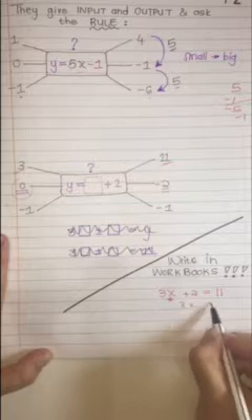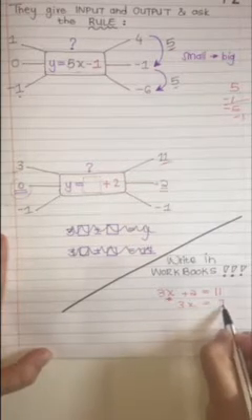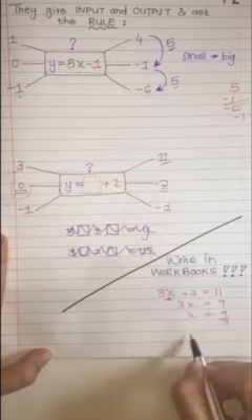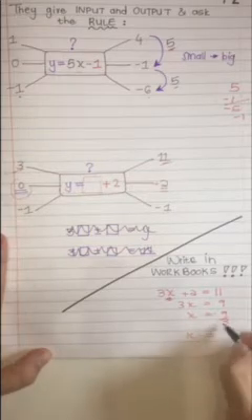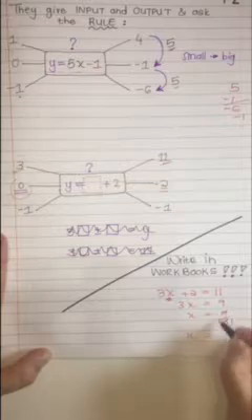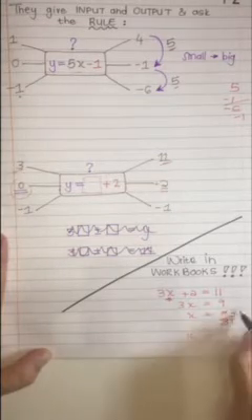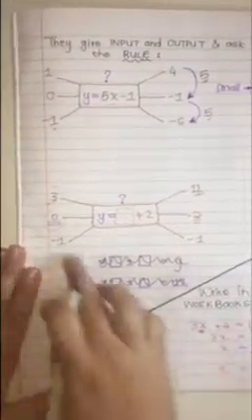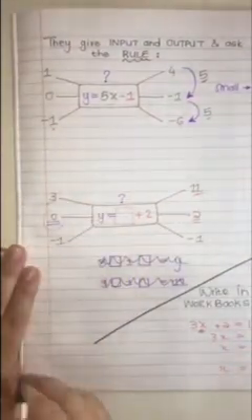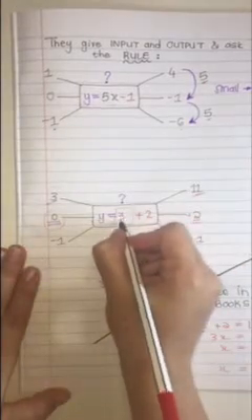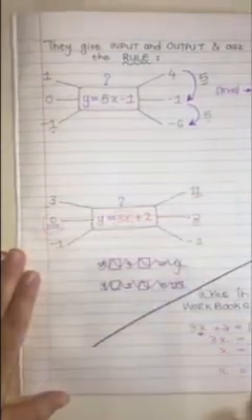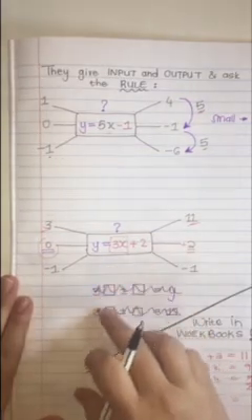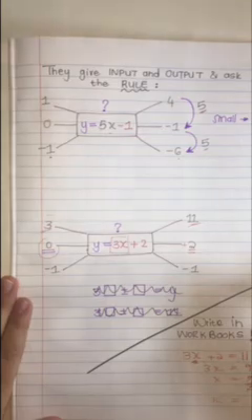So 3x equals 11 minus 2, which is 9. x equals 9 divided by 3, that goes into 9 3 times. So x will be 3, not x, the amount that we have to multiply our input value with. So this is going to be 3x.